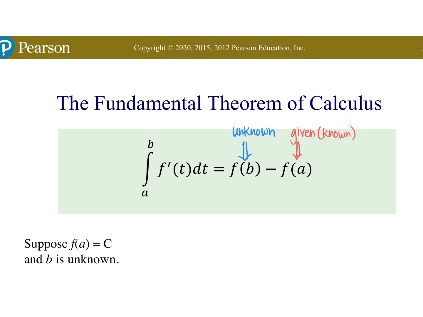When you want to find something in math that's unknown, you want to get it alone. You want to move things around. So ideally, we would take this given and sling it over to the other side so that we have our unknown part of the equation alone.